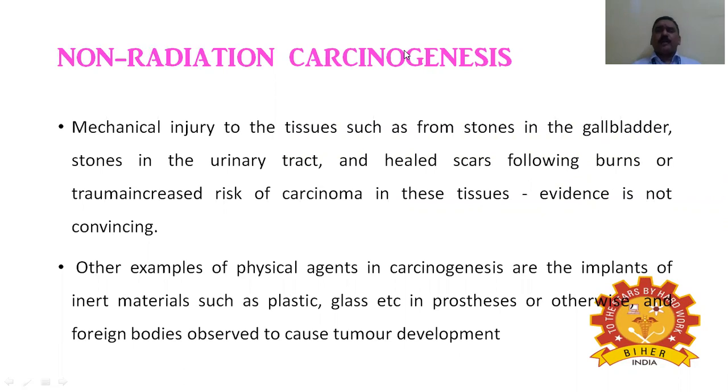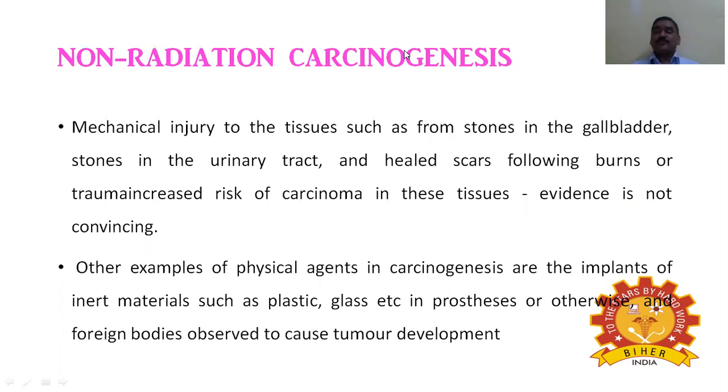Next, I'm coming to non-radiation carcinogenesis. Mechanical injury to the tissues, such as from stones in the gallbladder, stones in the urinary tract, healed scars, burn wounds, or trauma, sometimes accidents, is a risk of carcinomas.